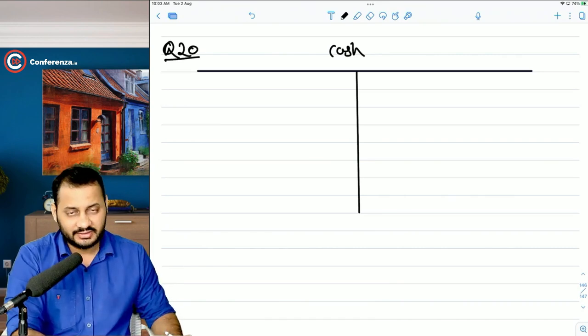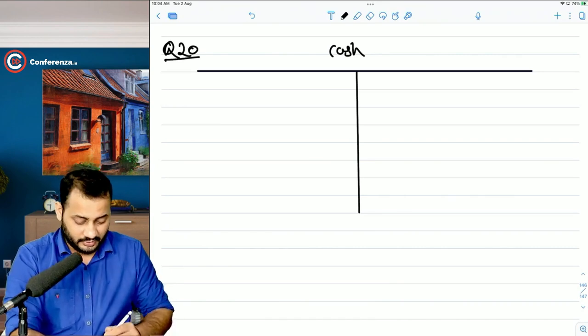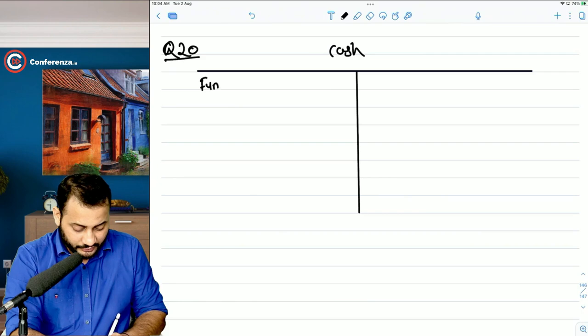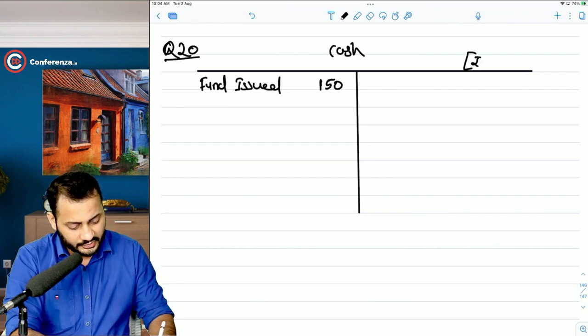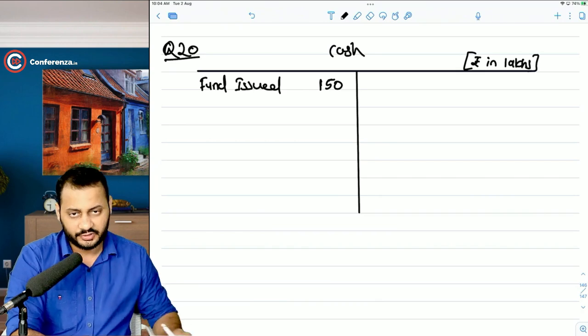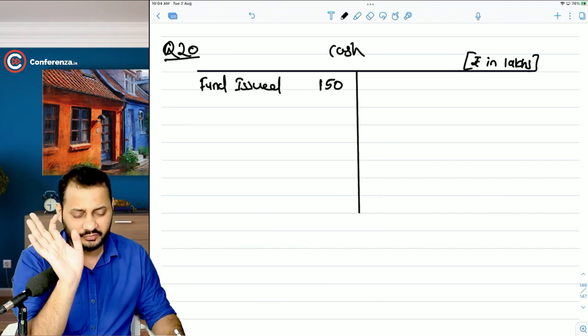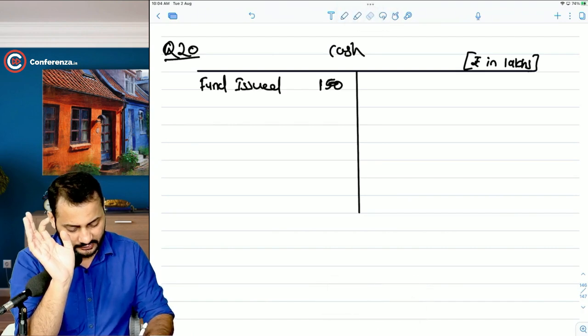So first we raised the cash at fund issued. How much? 150 lakhs. We are going to write down all the figures in lakhs, so this is rupees in lakhs. Fund issued, 150 lakhs.